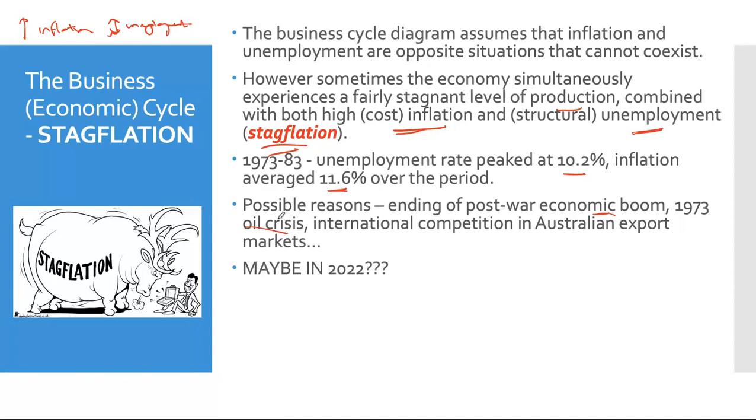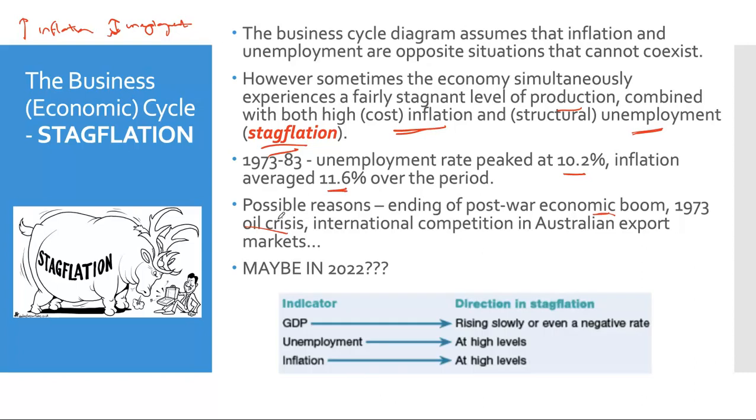Now, there has been some talk that COVID could lead to some of those things. Inflation is quite high, and there has been some concerns about unemployment, but unemployment has thankfully remained quite low at this time. But to summarize, if we had stagflation, GDP would be slow or it may even be negative, but unemployment is high and inflation will be high.